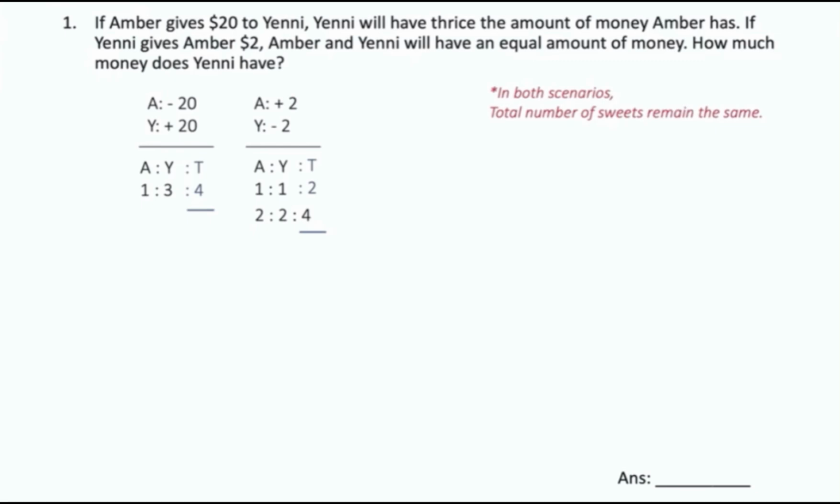Do you know why it is $22? Because you look over here, in scenario 1, Amber has $20 less. In scenario 2, Amber has $2 more. The difference between Amber in the first scenario and the second scenario is not 20 minus 2, it's 20 plus 2, 22.